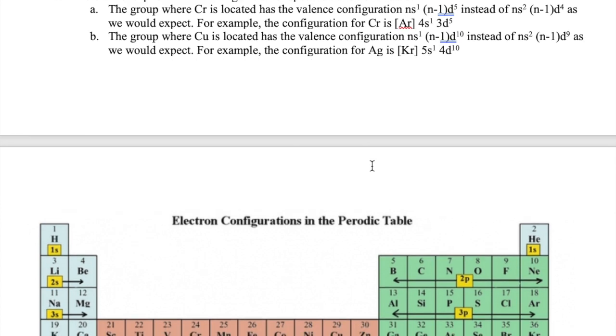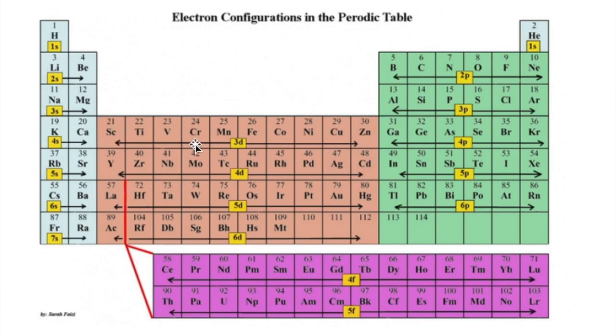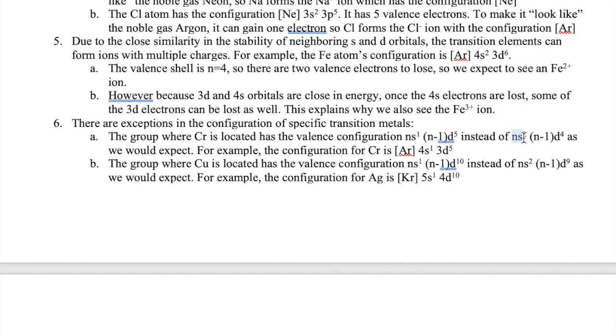The last point I want to make here about the periodic table and electron configuration is that there are certain exceptions for transition metal configurations. And this has to do with only two specific groups. The first group is the group that is headed by chromium, which is all of these elements down here. Given its particular location, you would expect its electron configuration to be ns2 and (n-1)d4, meaning that if it's on period 4, it will be 4s2, and then 4 minus 1 is going to be 3, so 3d4.